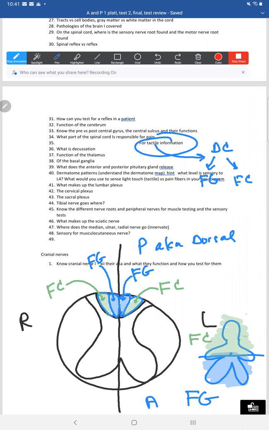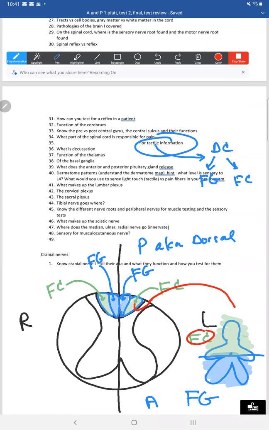So let's say it is your left hand, tactile, non-pain, non-temperature. Information comes in the dorsal nerve root, dorsal horn, synapses on the fasciculus cuneatus because it is your hand. So upper extremity stuff, fasciculus cuneatus.